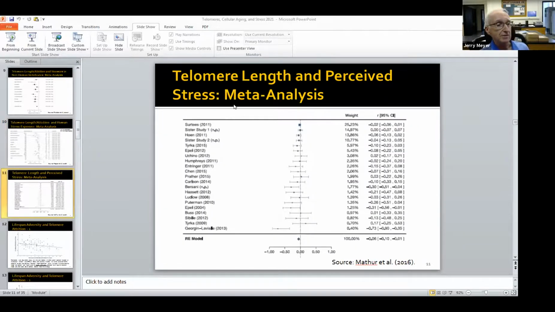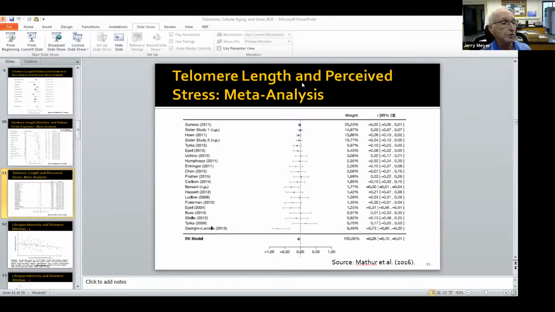Here's another meta-analysis from different authors. And in this case, they looked at perceived stress. This is interesting because in the previous one, we were actually looking at assessment of the degree of stress. We didn't have a different biological measure, just the telomere length.